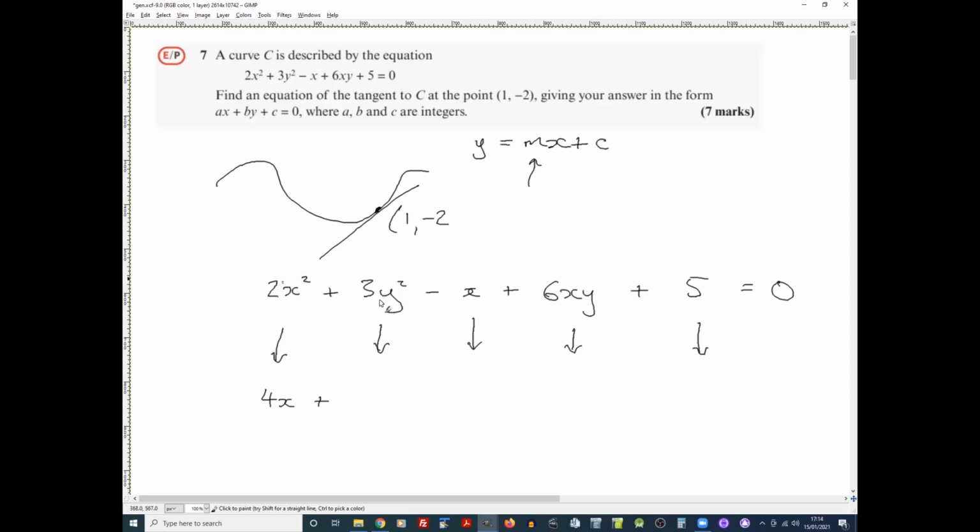What you want to times it by is the derivative of the inner function of this composite. So think of 3y squared as a composite function: 3 times the square of y, where y is an inner function of x itself.